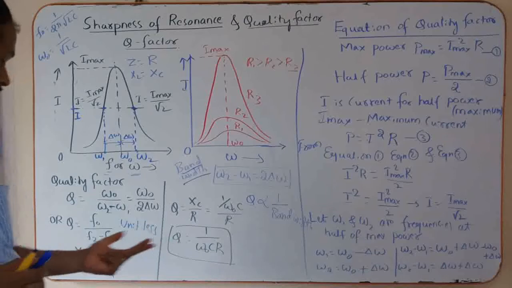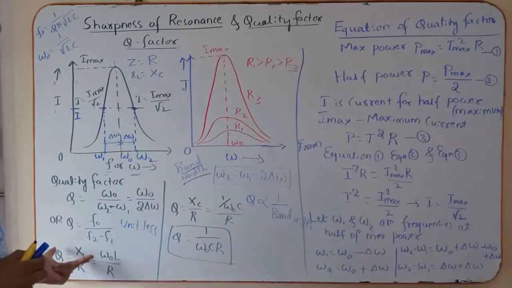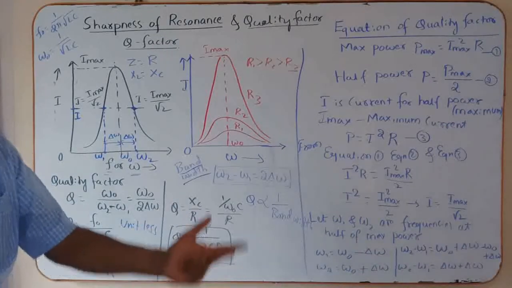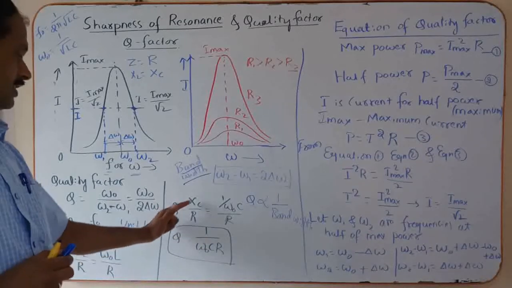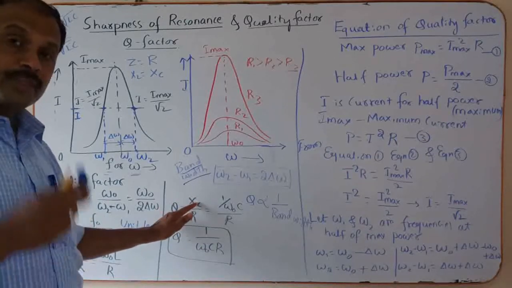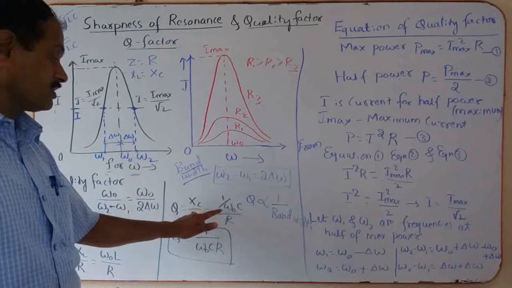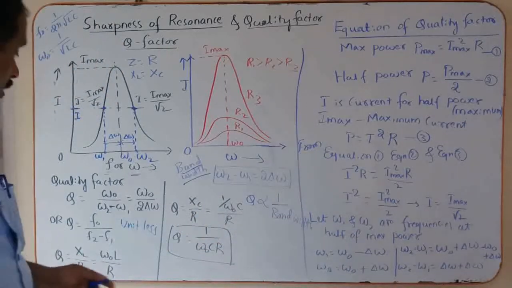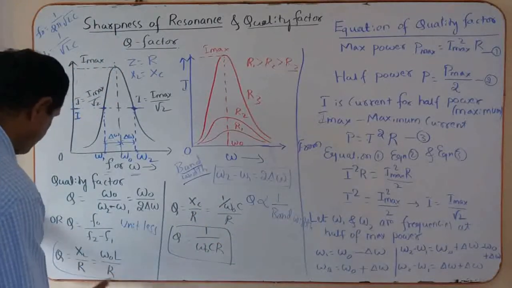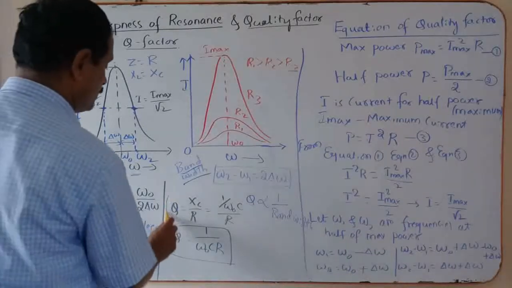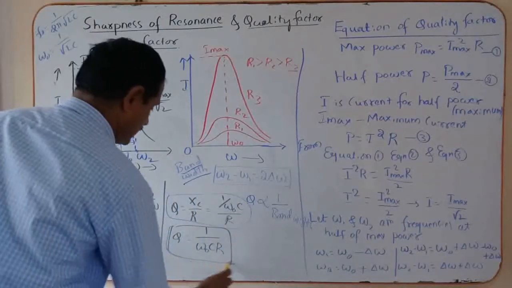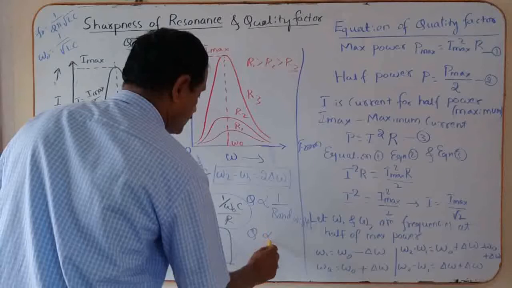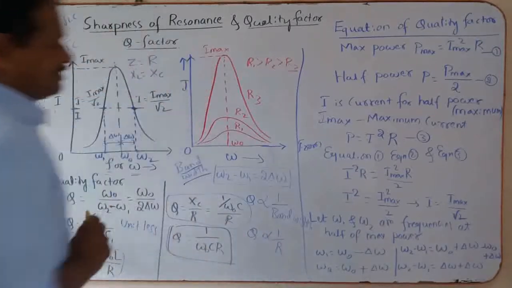Second, it is the ratio of the inductive reactance at the resonance to the resistance. Third, it is the ratio of the capacitive reactance at the resonance to the resistance. Now observe this expression: quality factor is inversely proportional to the resistance.